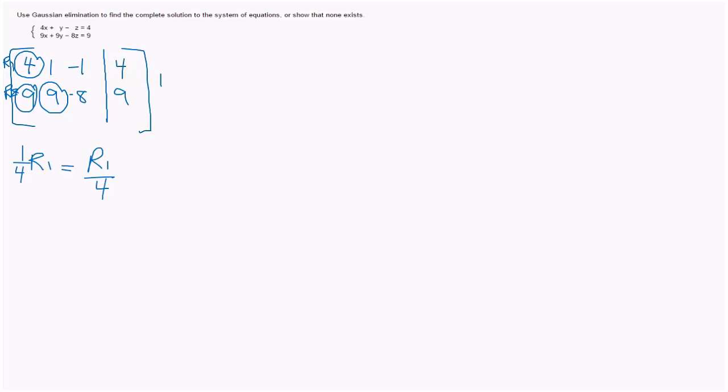So doing that, 1/4 row 1, I'll get 1/4 times 4, 1/4 times 1, 1/4 times -1, and 1/4 times 4.